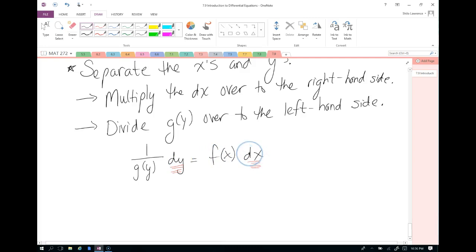So we want to go back to the original. Remember, when we solve differential equations, we're trying to figure out the original y function that's going to make that differential equation work. So now, once we get the x's and the y's separated, we're going to integrate both sides of the equation, because integrating will undo the derivative. Derivatives and integrals are opposite operations.